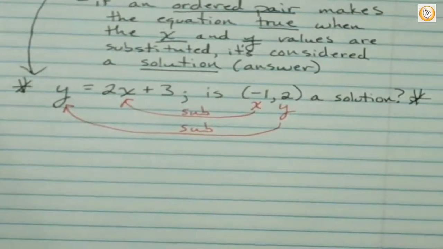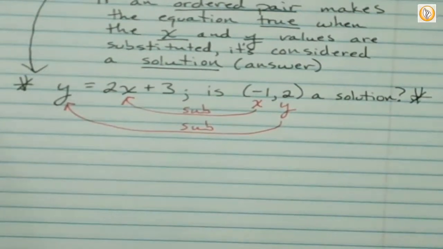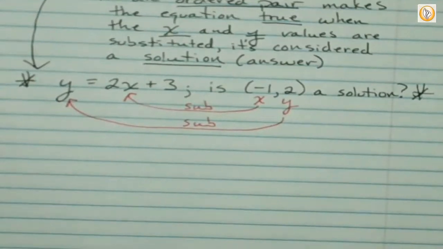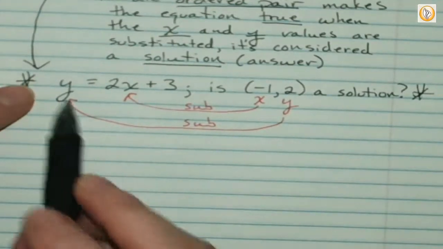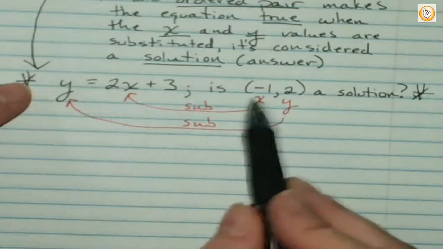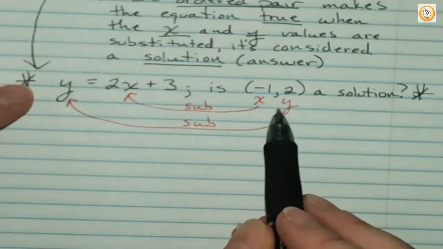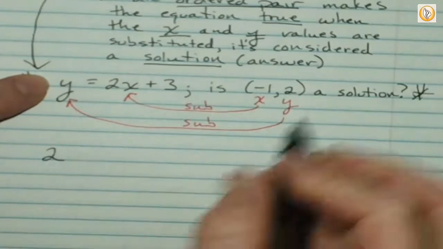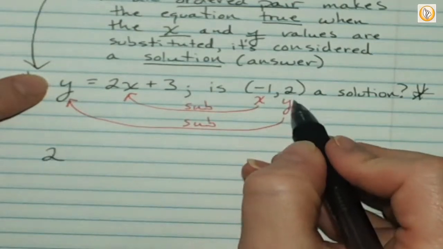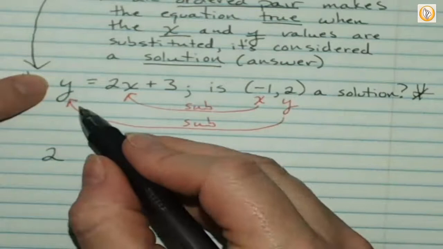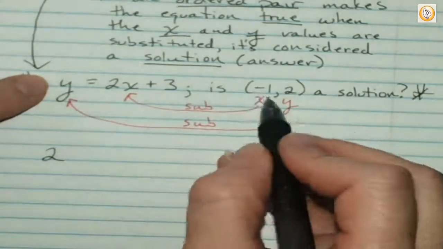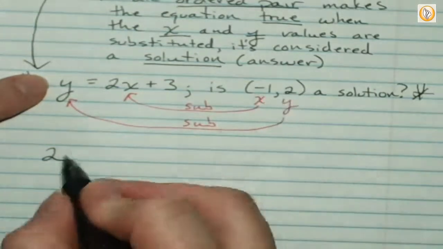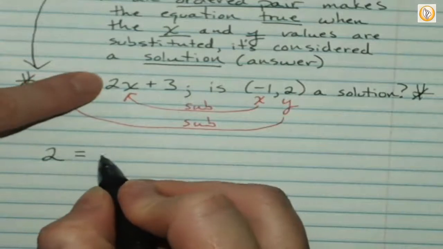We're subbing that. So I'm going to rewrite this equation with these in place of my x and my y. So this y will be 2. Do y'all see where I'm getting that? Mm-hmm. If you don't, you need to say something. So I'll substitute that y for that y right there in the ordered pair equals 2.